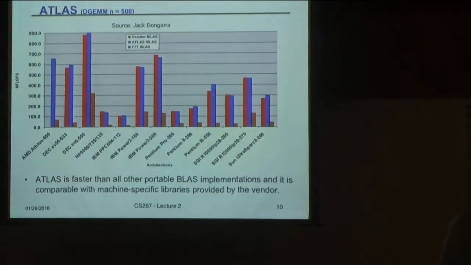So the group here built this package called PHiPAC, the Portable High Performance Computation package, and then a group at University of Texas, led by Jack Dongarra, built another version called ATLAS, using the same ideas.